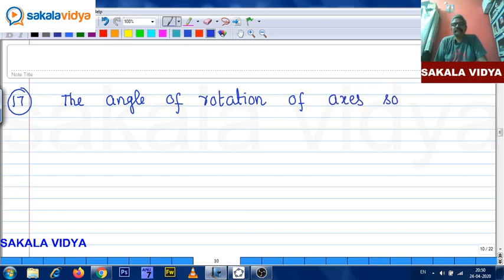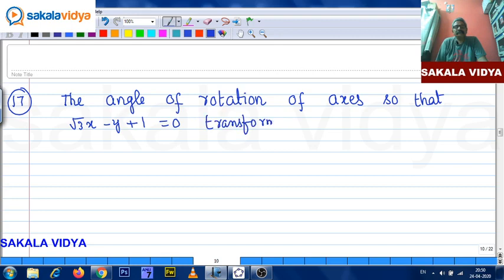so that root 3x minus y plus 1 equal to 0 is transformed as y is equal to k.